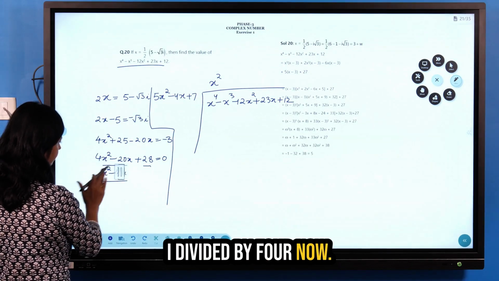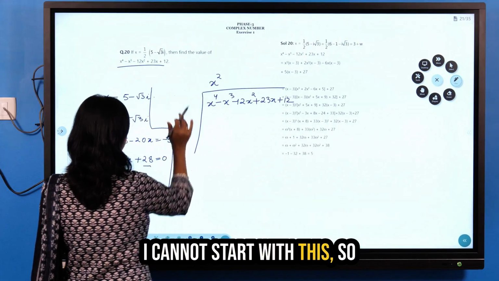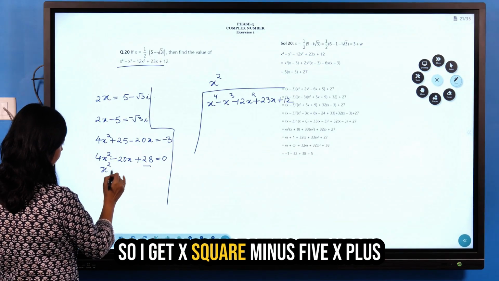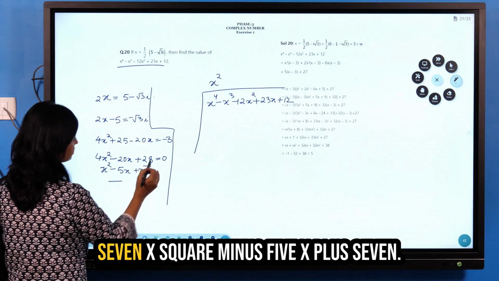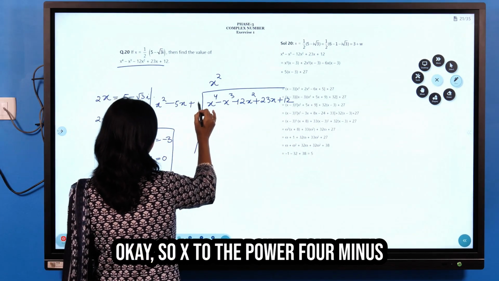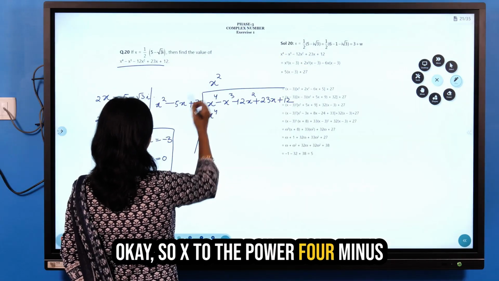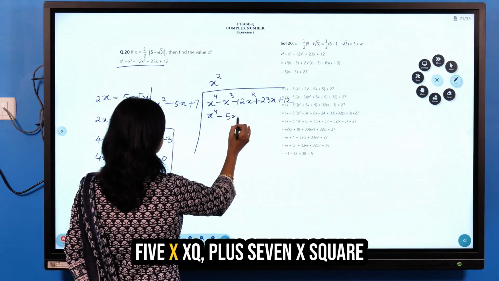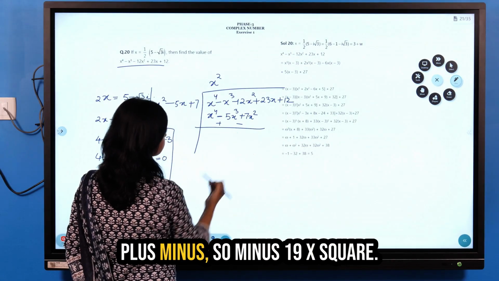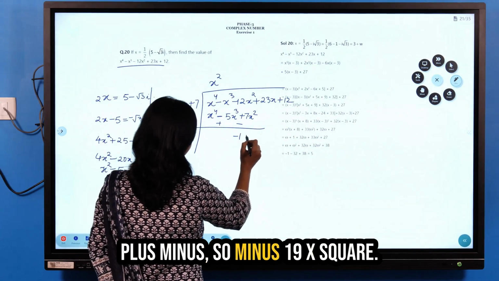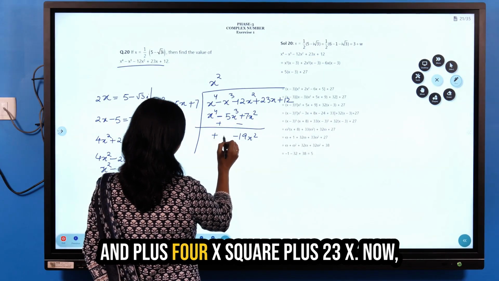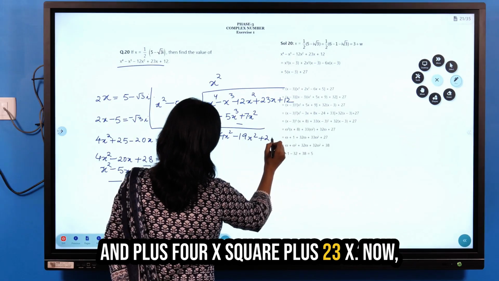So I get x to the power 4 minus 5x cube plus 7x square, then minus 19x square and plus 4x square plus 23x.